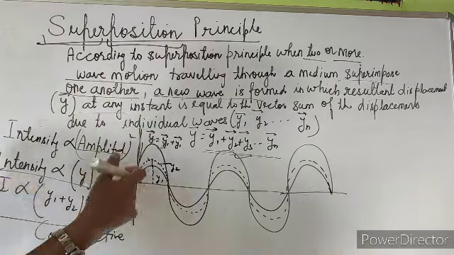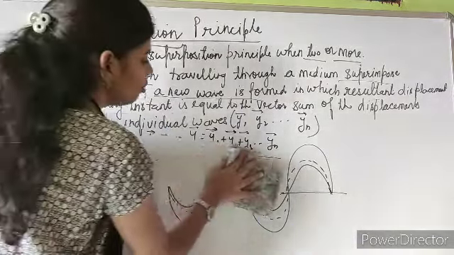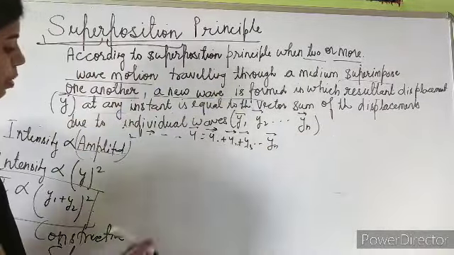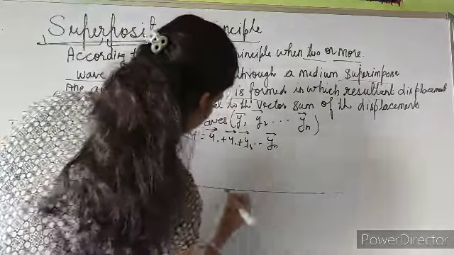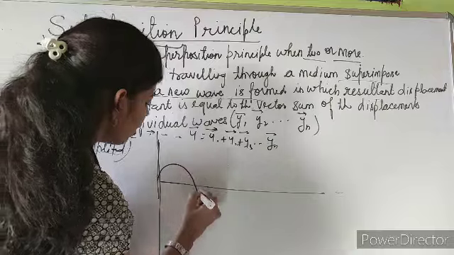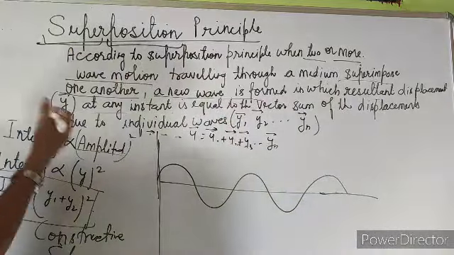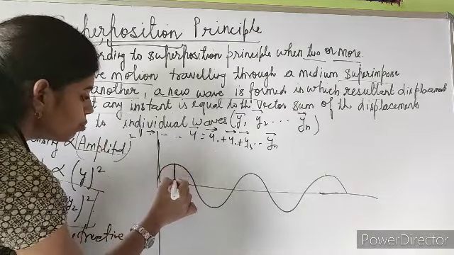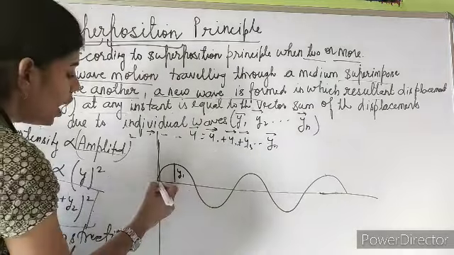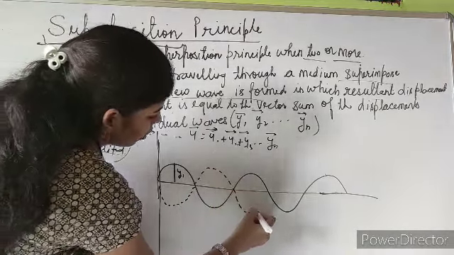Now we will see the other case where crest of one wave falls on the trough of another wave. So what will happen to the resultant amplitude or resultant displacement? Suppose this is the pattern of a wave, and one wave is traveling like this. This is one wave whose displacement or amplitude is y1. Another wave is traveling in the same medium like this.